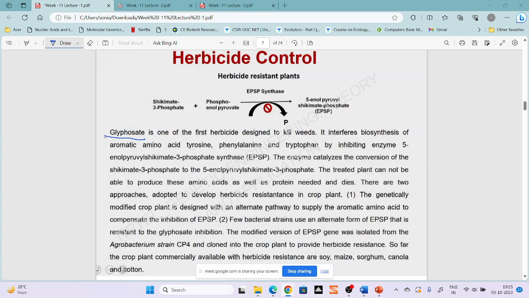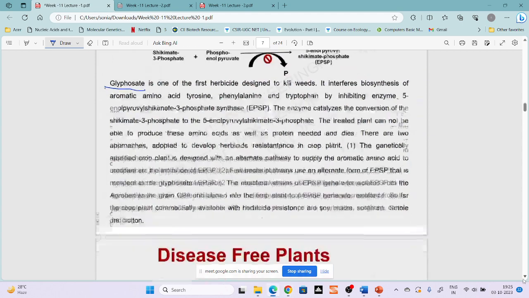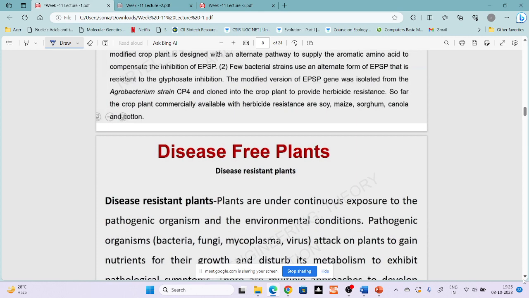So why not make a plant that can have some other alternative source of aromatic amino acid synthesis? Or our plant can be resistant to glyphosate itself, and so there is no point in having an alternate amino acid pathway. So that is what they have done. But again, this is a technique that can protect our plants, but I would not say that it is a 100% sure shot technique, because it is not completely eradicating our problem.